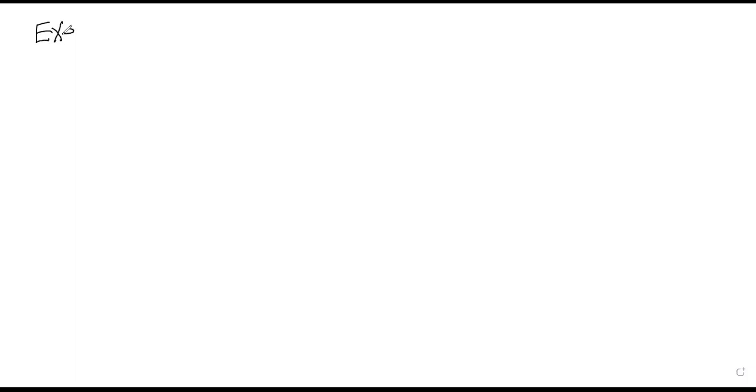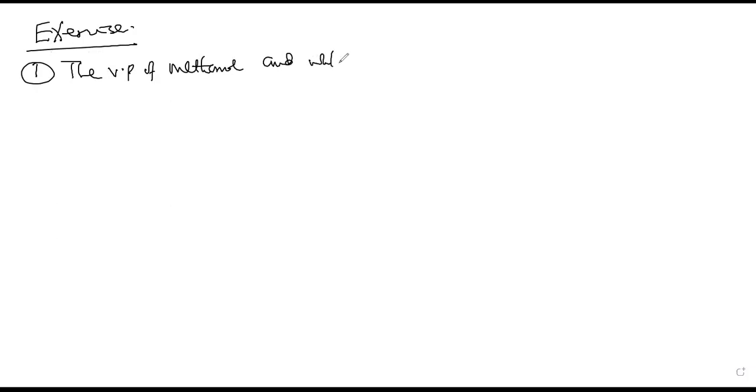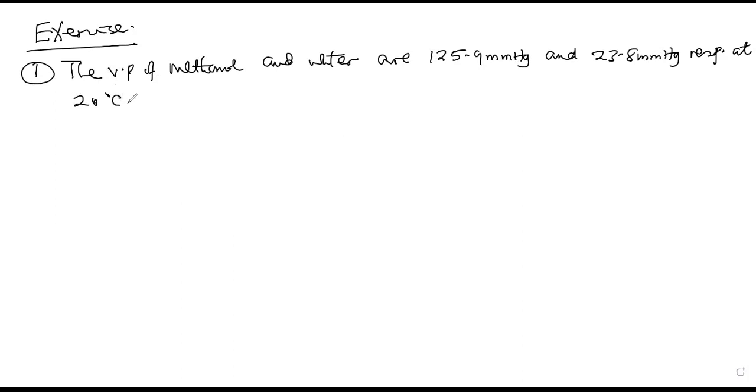Exercise 1, the vapor pressures of methanol and water are 125.9 millimeters of mercury and 23.8 millimeters of mercury, respectively, at 20 degrees Celsius.